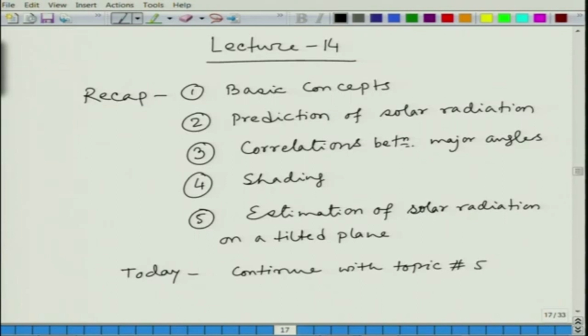That is the plan, and if we have enough time left we will go to the next topic, which will be looking at the solar collectors. That is the interesting part where you will actually see how these collectors work, but before that we have to build up the background that this collector study requires.